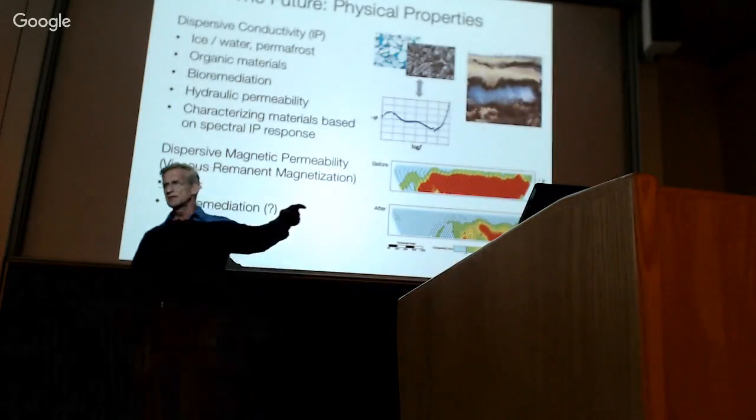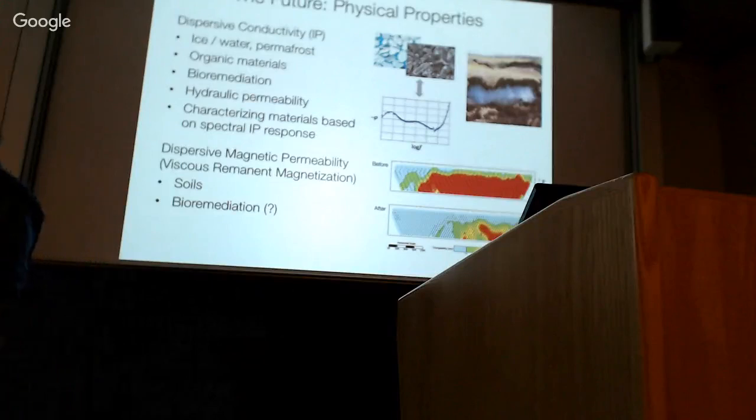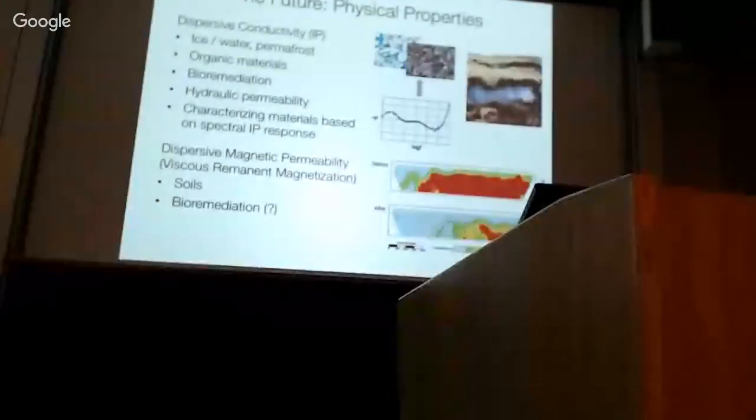But permeability can also be dispersive, and it plays a real big role in work being done with unexploded ordnance remediation, where you're trying to find these items, and it's contaminated with magnetic soils. And there might also be some bioremediation because there's certain bugs that could go down and alter the size of magnetite particles and give rise to viscous remnant magnetization.